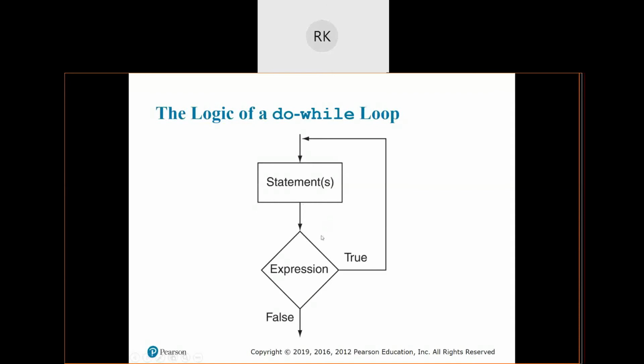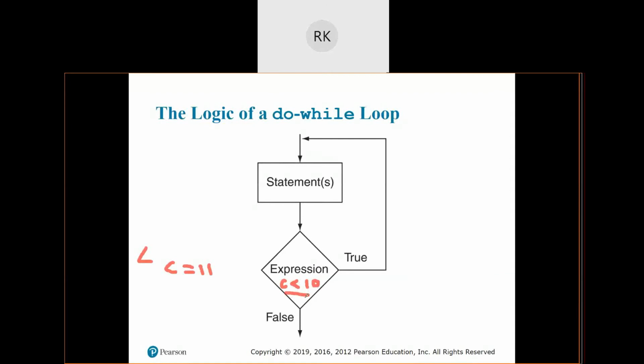So the only difference that you see: let's suppose the condition is false at the very beginning. For example, let's suppose the count is, I will write C for count, 11. And if I write count is less than 10, you see the condition is false already, right?